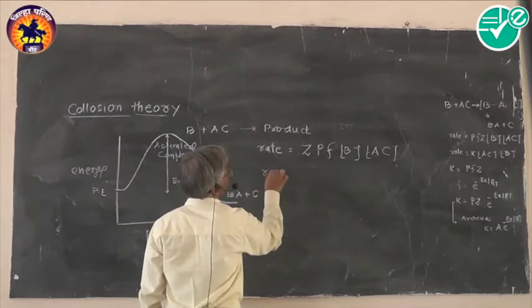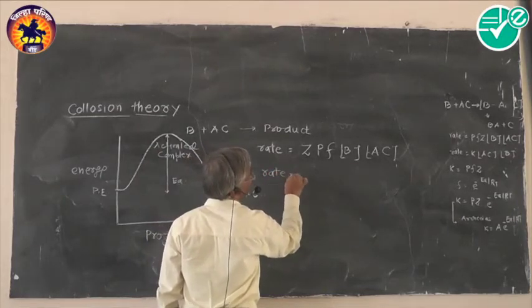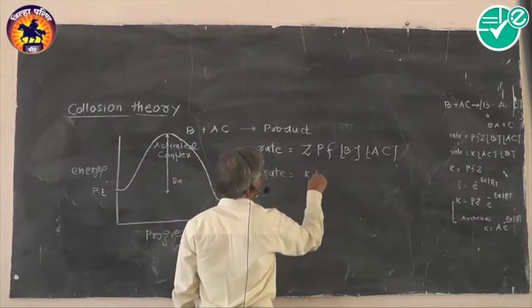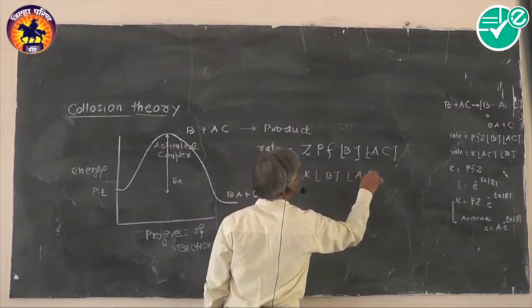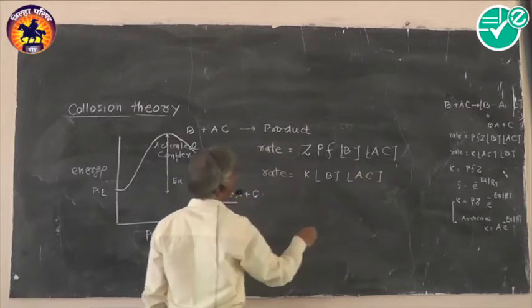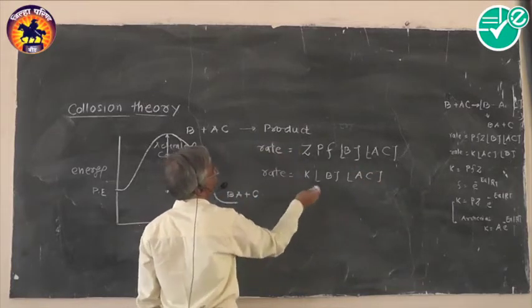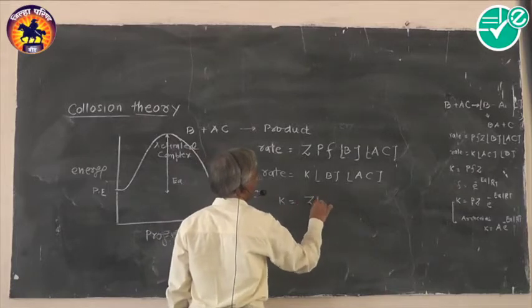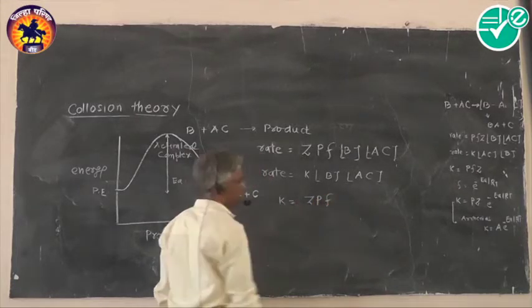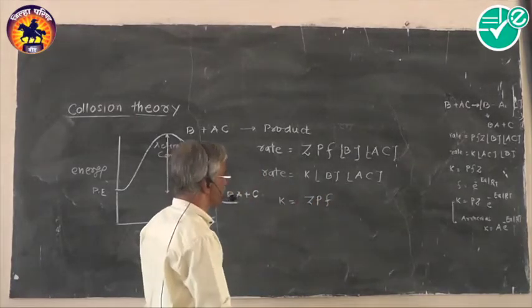We can also write the rate equal to K into the active mass of B multiplied by the active mass of AC. Then equating these two, we have K equal to ZPF according to collision theory.